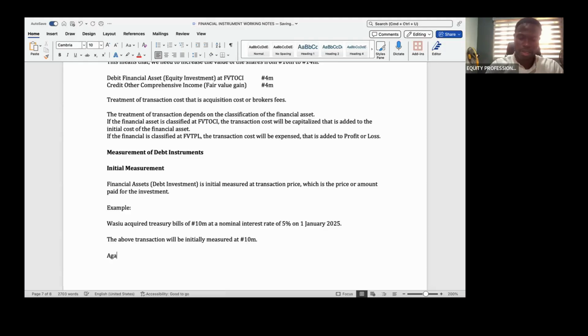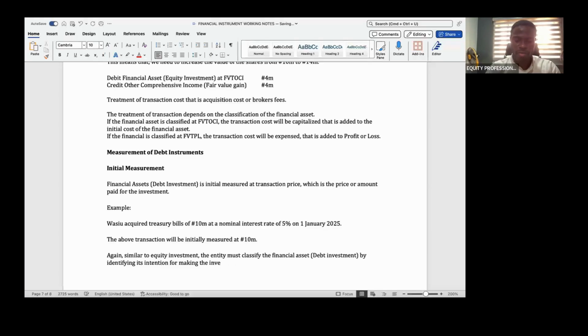Again, similar to equity investments, the entity must classify the financial assets, in this case, debt investments, by identifying its intention for making the investments.